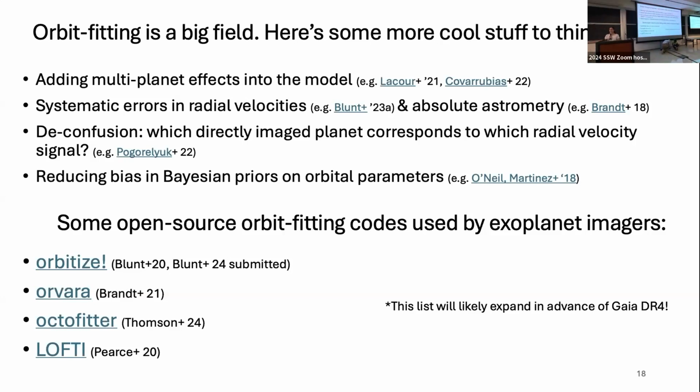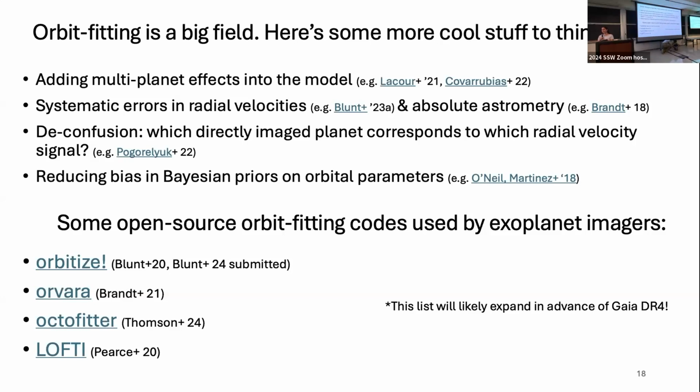Yeah, great question. I'm super excited for DR4. I think it's going to totally revolutionize the field. I think one thing is that DR4 is going to be sensitive to planets that are at intermediate separations compared to what we typically look at with direct imaging. And so I think it'll expand the parameter space of planets that we know about.